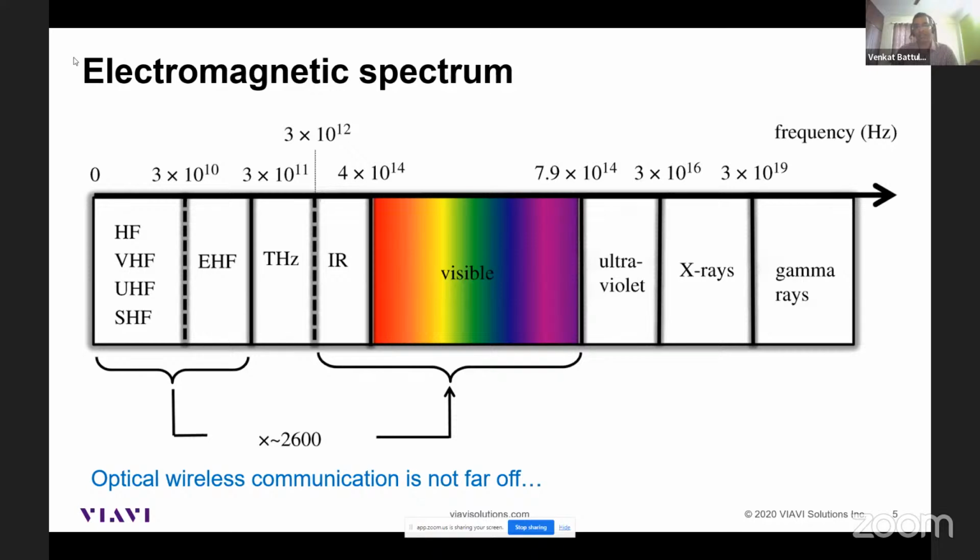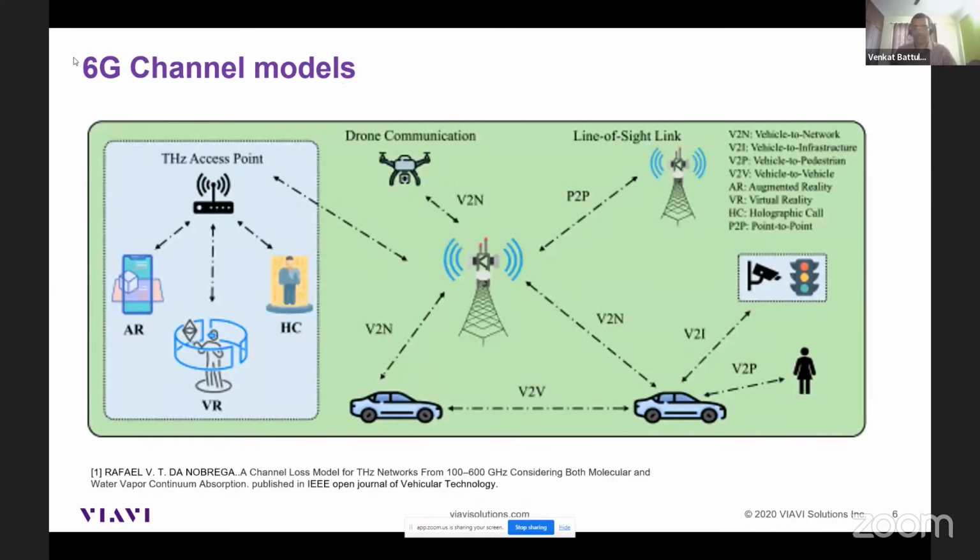It may not be realizable in 6G because we still have some spectrum left in terahertz. But once 7G comes up, you have no option but to go into optical wireless communication, where the spectrum is visible. So that's the kind of background.